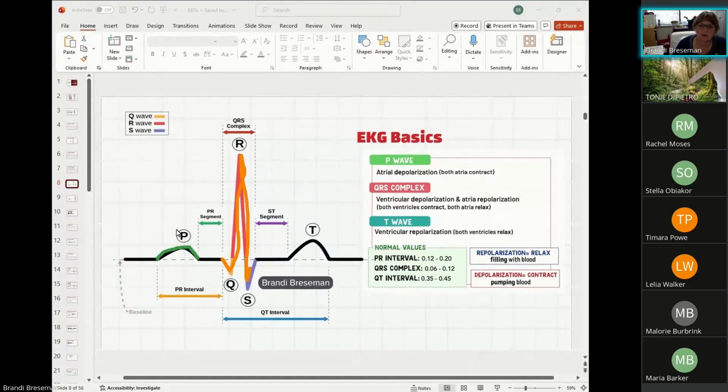That's our QRS complex. And then next we're going to look at our T wave. These are the waveforms we want to find: P, QRS, and then T.